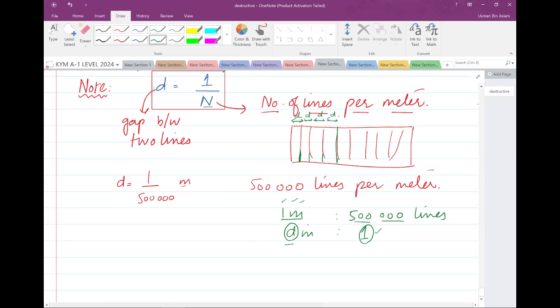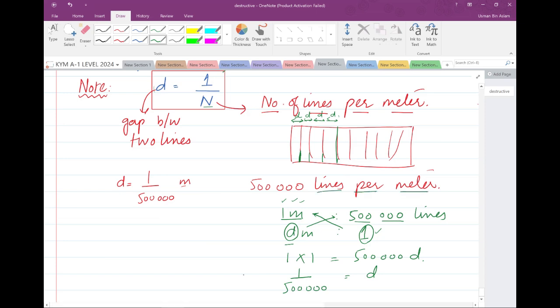So you just cross multiply them. That's going to give you 1 into 1 equals 500,000 into d. From here, d comes out to be equal to 1 divided by 500,000. Do you remember 500,000 was the lines per meter?